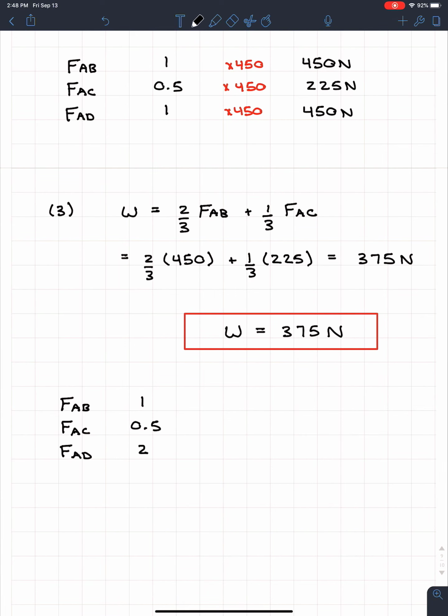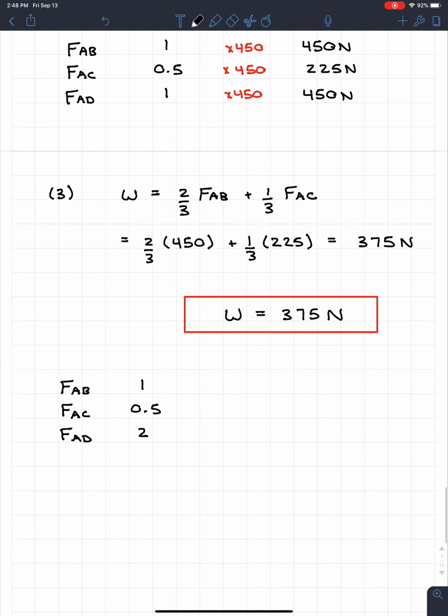Well, like I said, the maximum force a cable can take is 450. So whatever number between those three is the largest, that's the one that's going to hit the 450 first. In this case, FAB and FAD don't hit 450 at the same time. FAD does before FAB.